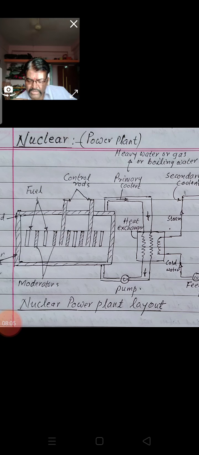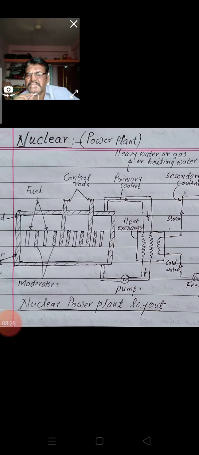The loss of mass is converted to energy according to Einstein's mass energy equation, E equals mc squared, where E is energy, m is mass, and c is the velocity of light.